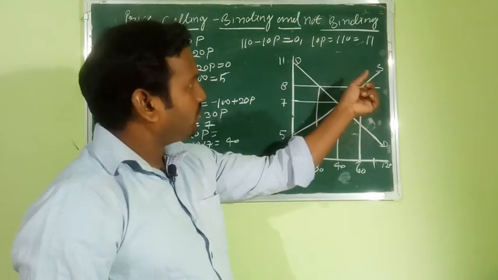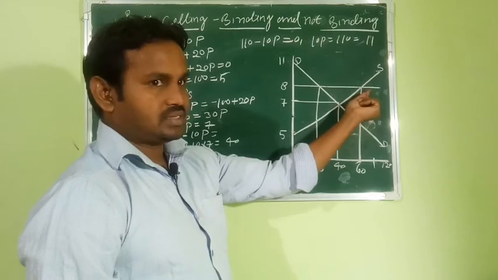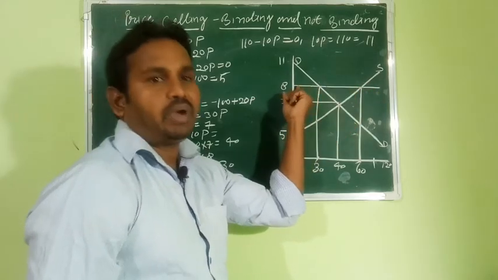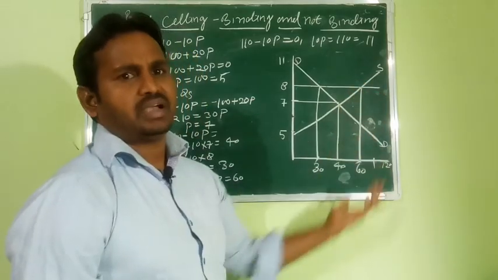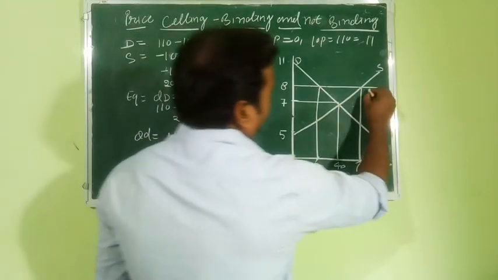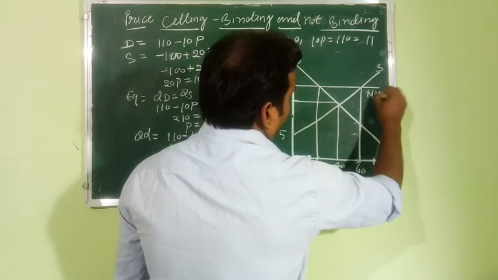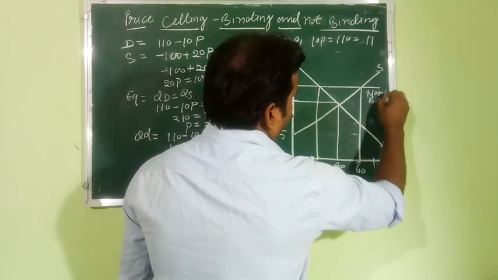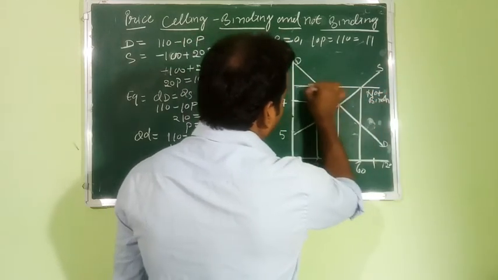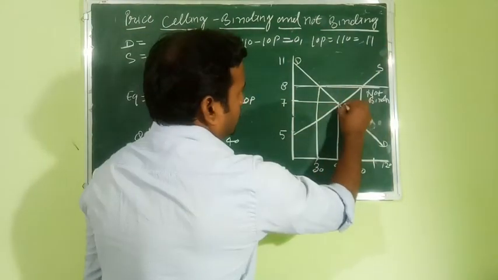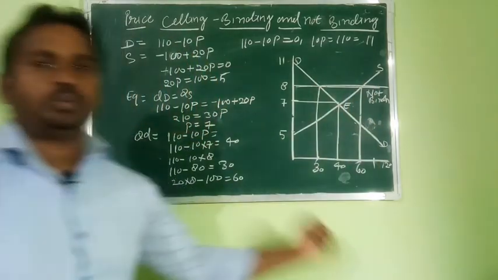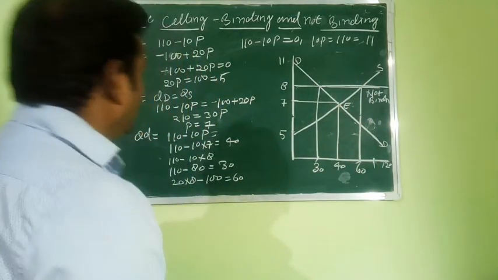So if supply is already in excess, there is no need for binding, so it is not effective. So it is not binding. Not binding is above the equilibrium price.